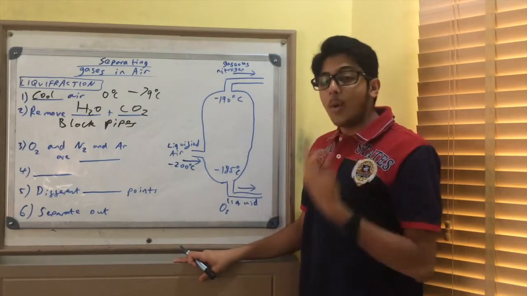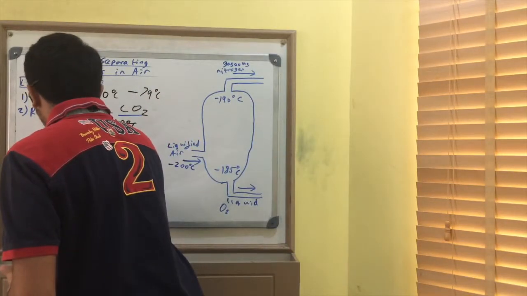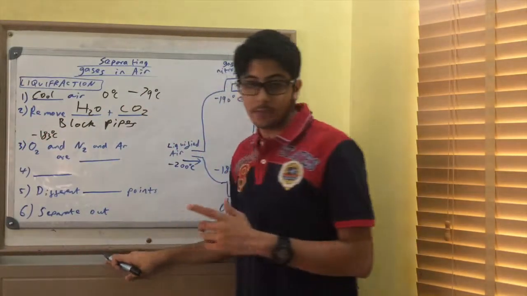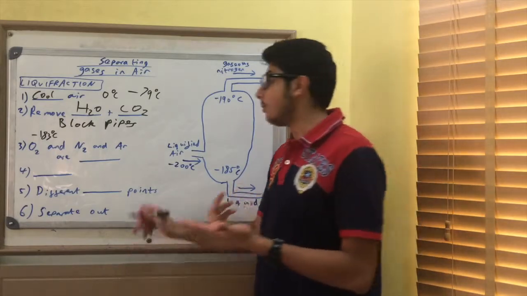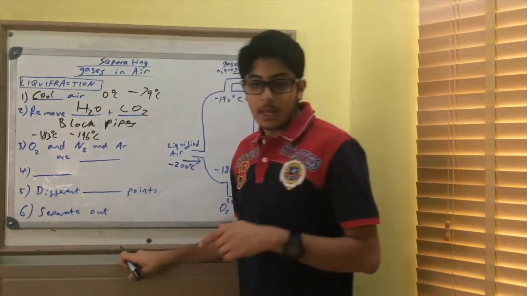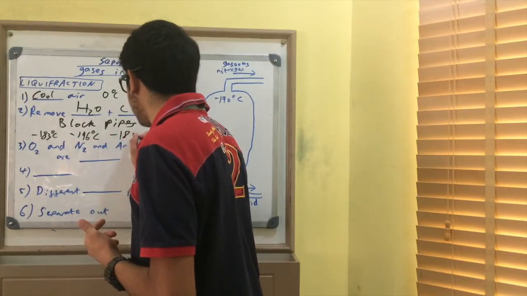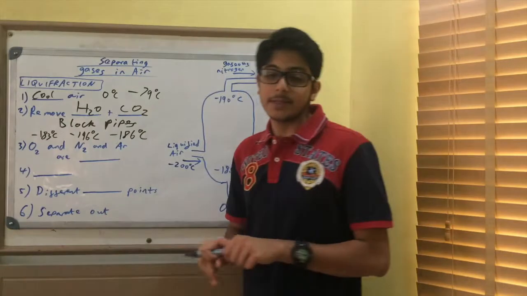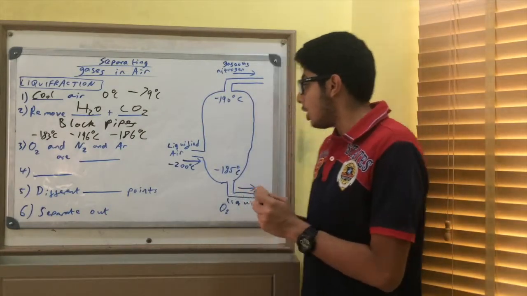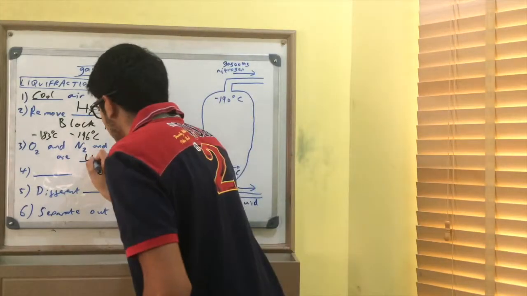Now the boiling point of oxygen is actually minus 183 degrees Celsius, with nitrogen being minus 196 degrees Celsius, and argon being minus 186 degrees Celsius. So at these temperatures, they will all be liquid.